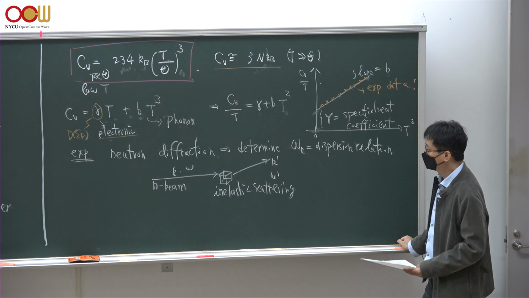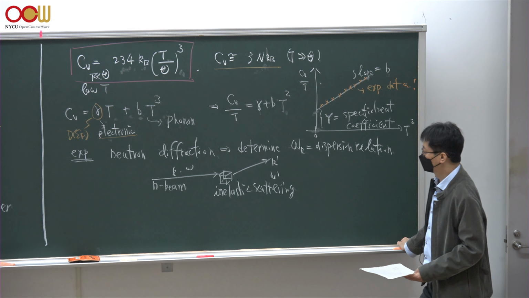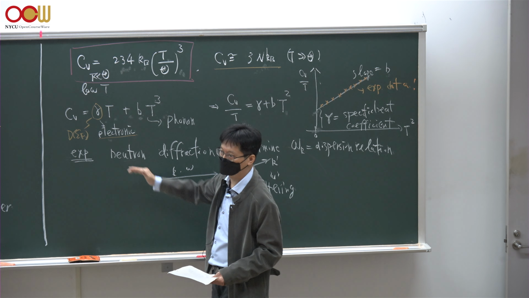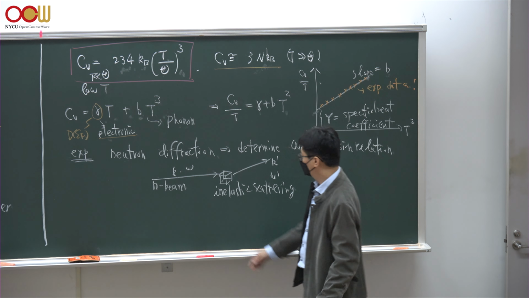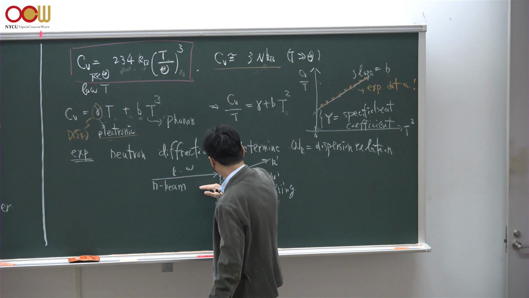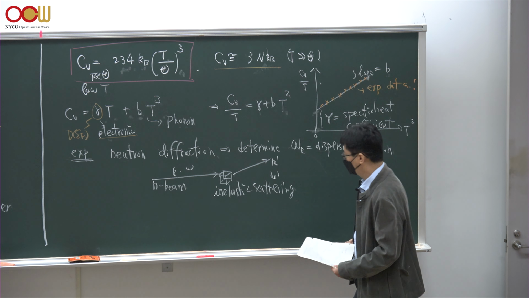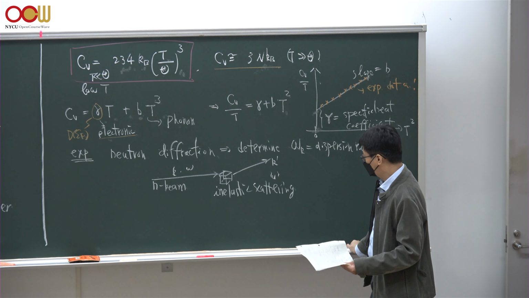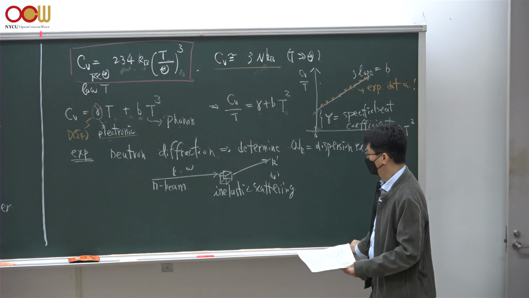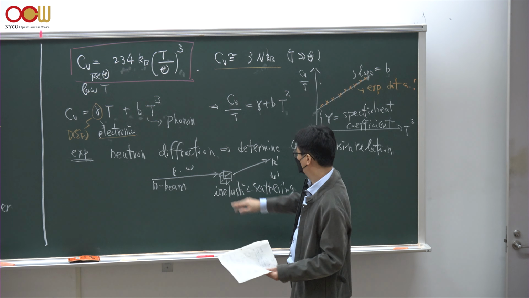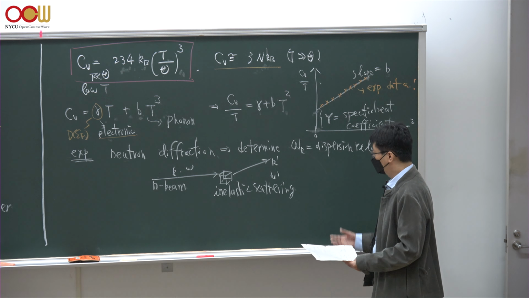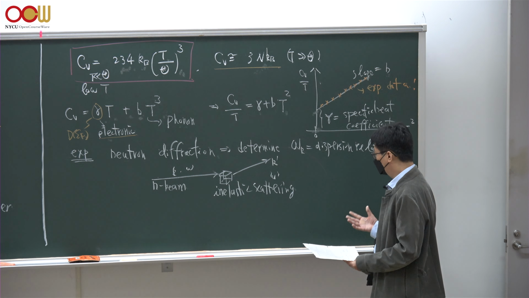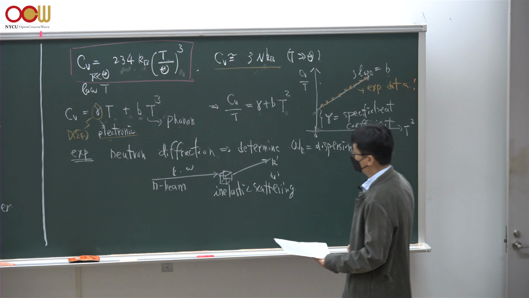Okay, so to determine this dispersion, we should perform neutron diffraction experiments, where you send in a neutron beam and hit the target, and this neutron will be scattered by all these atoms and phonons, and they could absorb or emit the phonon energies, and it gets scattered out.